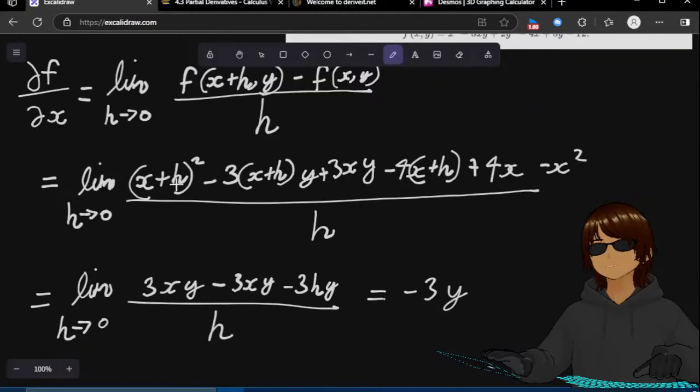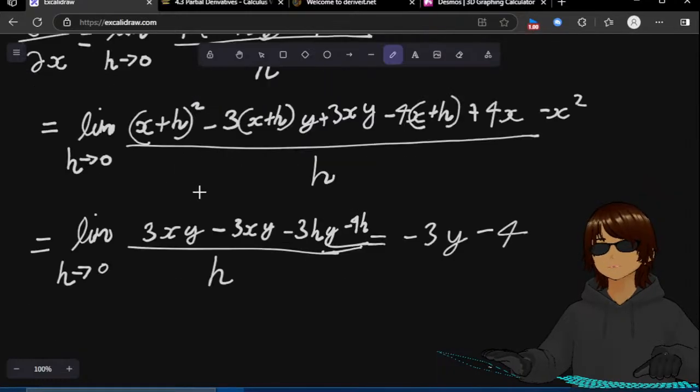Wait. For this part, minus 4x plus h. If we expand this, we are left with minus 4x minus 4h. So the x part will cancel out, the h part will remain. So 4 survives. And then over here, this is expanded into, hold on.